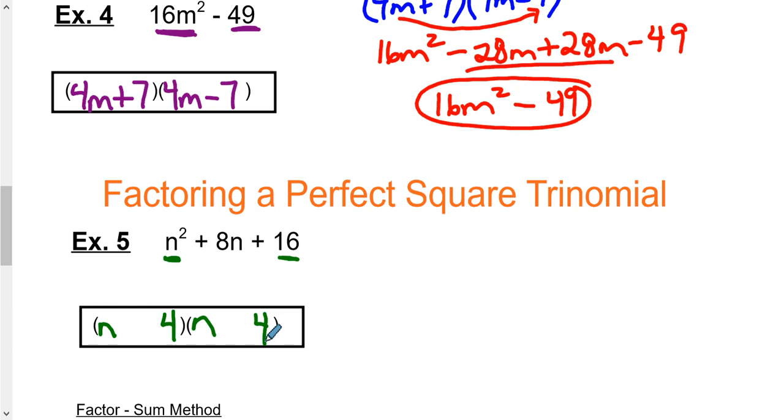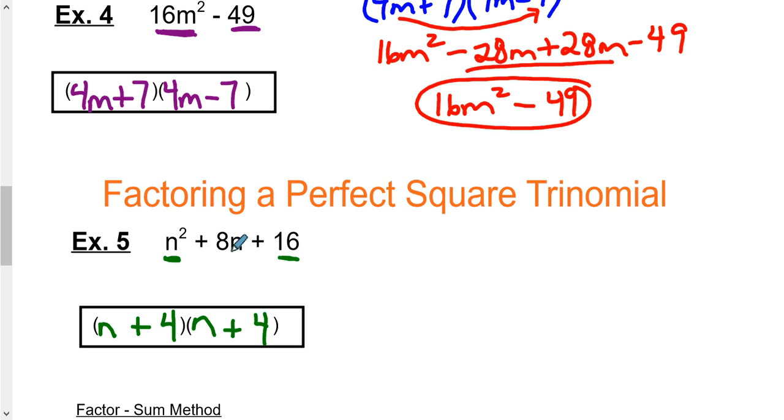Now, the only difference between the first four examples we did is because there is no middle term, one's positive, one's negative. But here, going back to day one, or our first day of factoring, if the C term is positive, and the B term is positive, that means both answers will be positive.